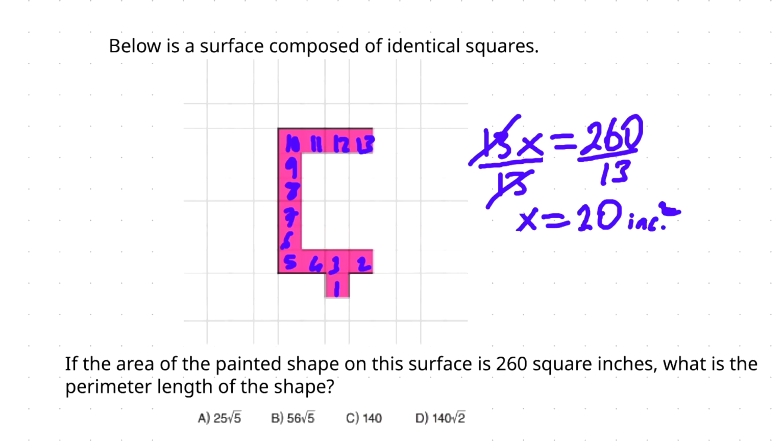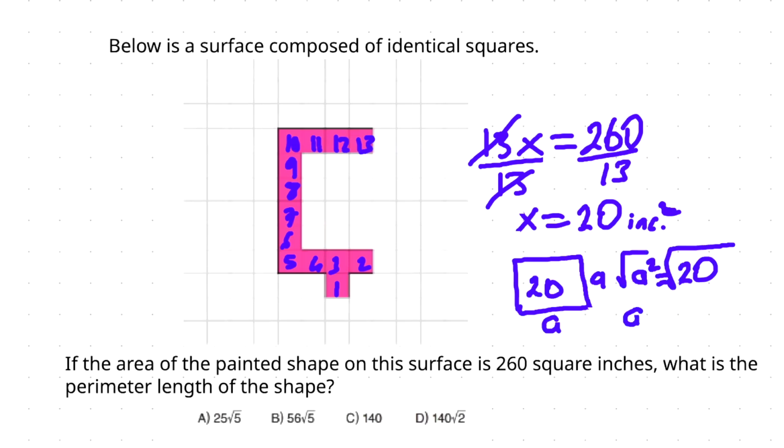So if you have a square like this, and the given area is 20 square inches, how do we find the side? Let's say the side is A. A times A is A squared. So A squared is 20. To find the value of A, we will take the square root of both sides.